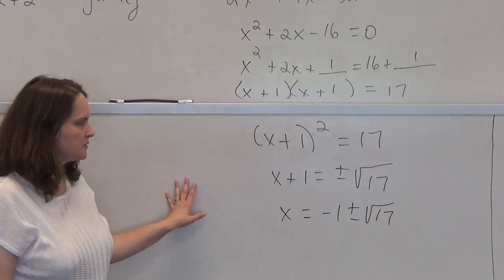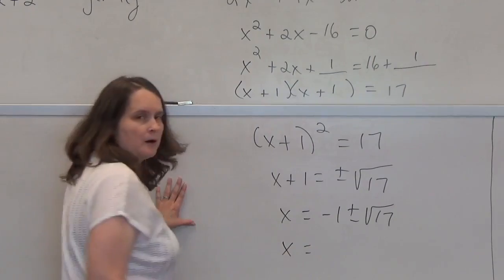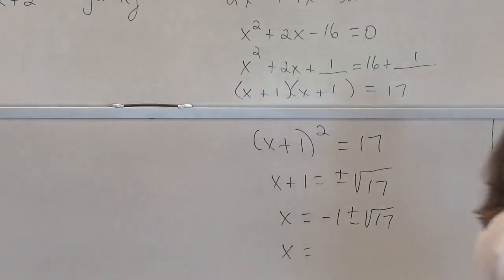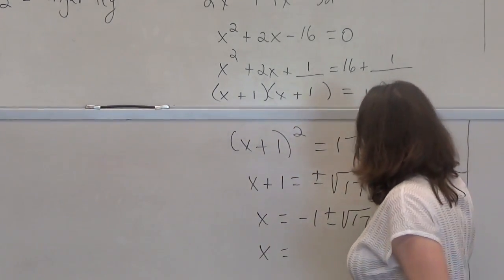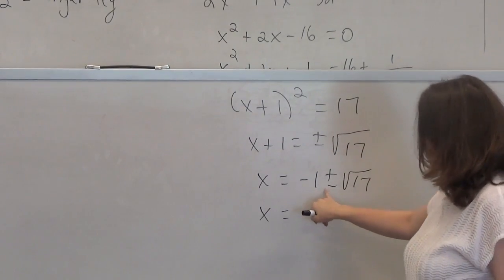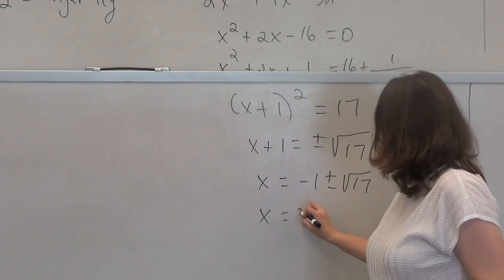So let's see what this gives us as a decimal. You might want to pause this and just grab the calculator really quickly. I'm going to do the same. Okay, so typing this into the calculator, when I added them, -1 plus square root 17, I got 3.123.